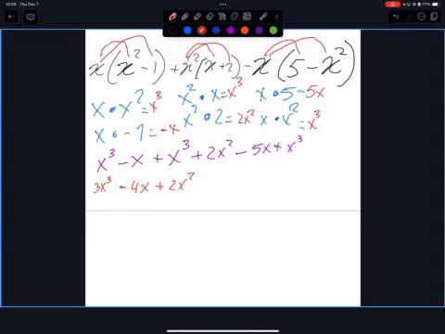Yes. So when you look at x to the power of 3, if you want, you can even in your mind change x to the power of 3 to 1. Or, yeah, it's also 1. Minus 4x. The minus x, so plus.